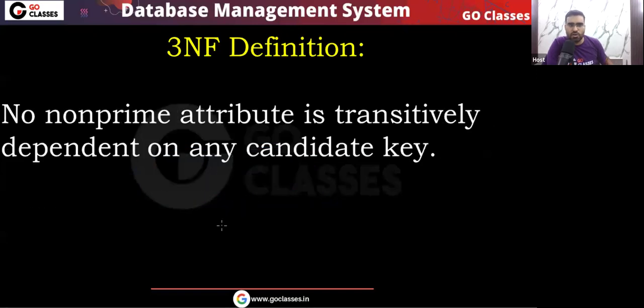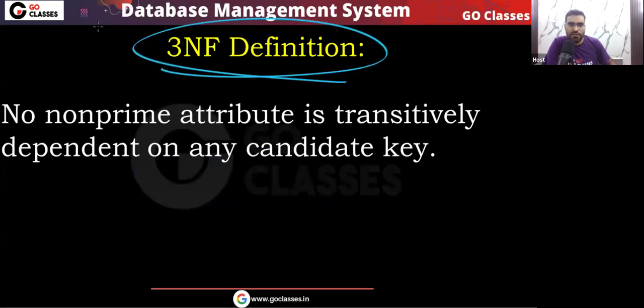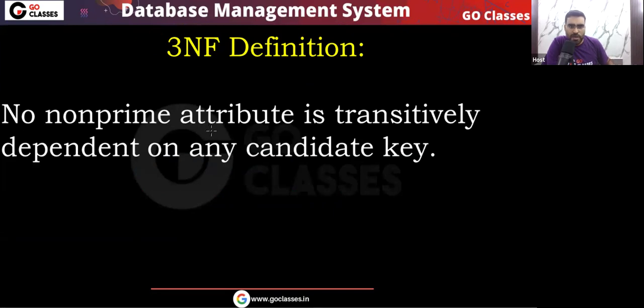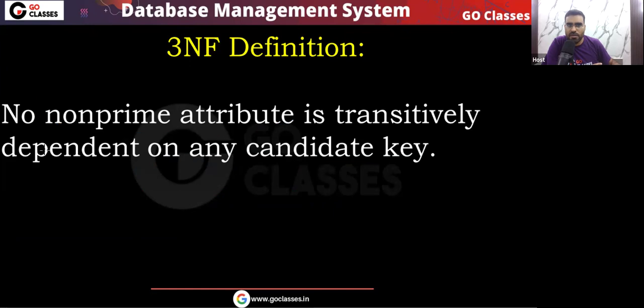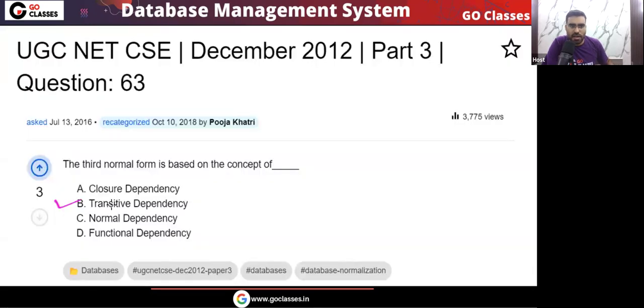This type of transitive dependency must not be there. If a non-prime attribute is transitively dependent on any candidate key, then your relation is not in 3NF. So for this question, the answer will be option B.